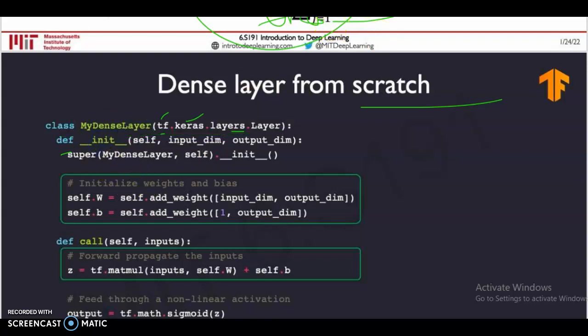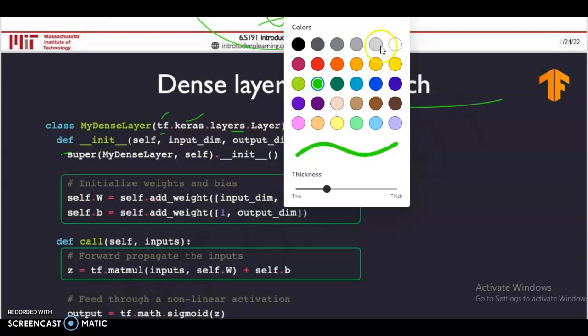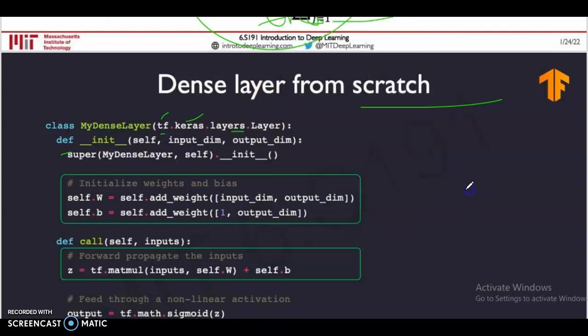So initialize: def __init__(self, input_dim, output_dim), with super of MyDenseLayer, self, and __init__.